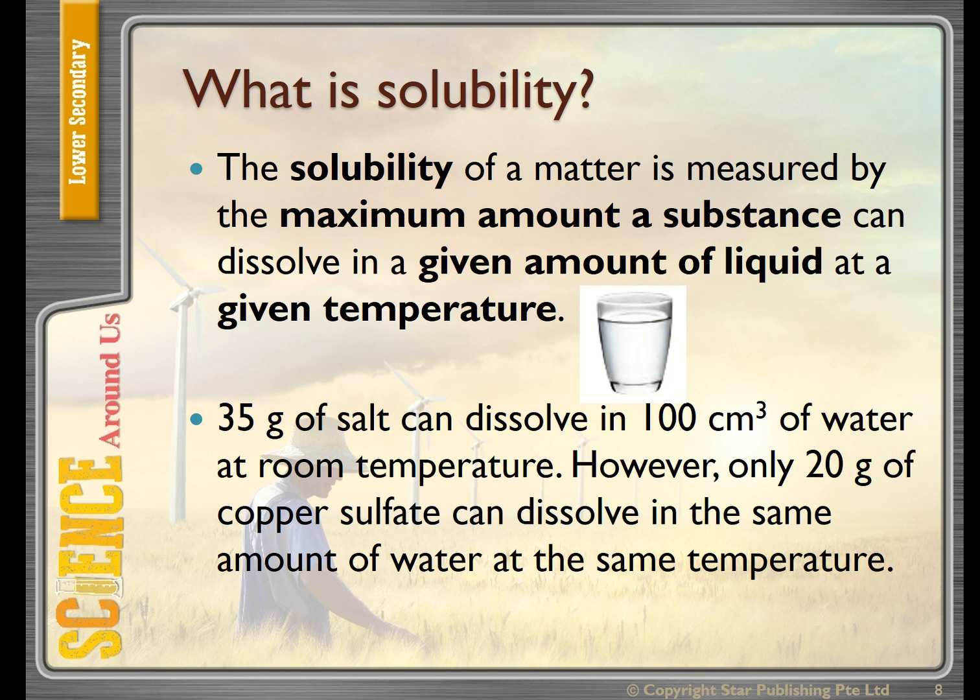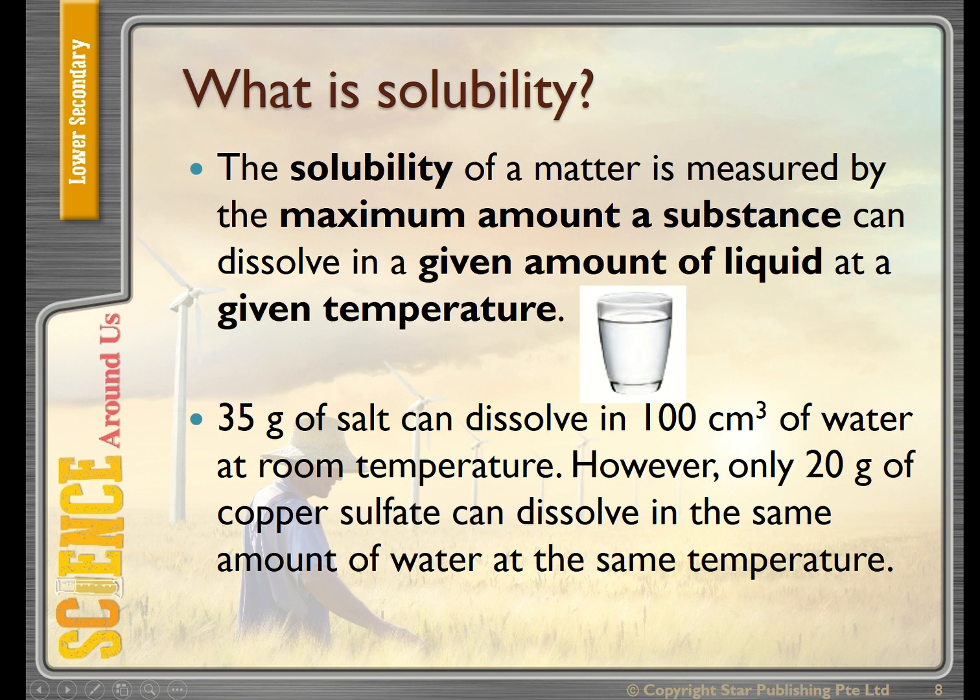If you all realize, when we want to make Milo from Milo powder, usually we will use hot water, we don't use cold water. Okay, why is that so? It's because when we dissolve certain substances at a higher temperature, we'll be able to dissolve more of that substance. So your Milo, if I use hot water, more of the Milo powder can dissolve, then the Milo that you make will taste better.